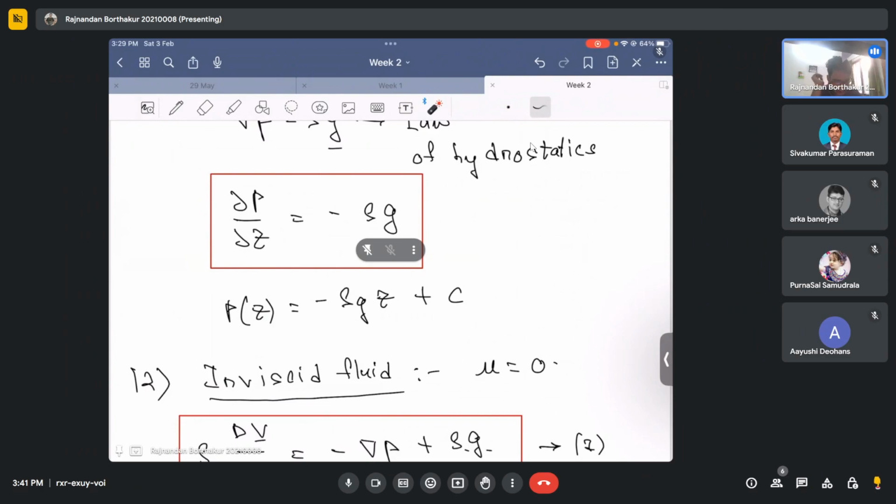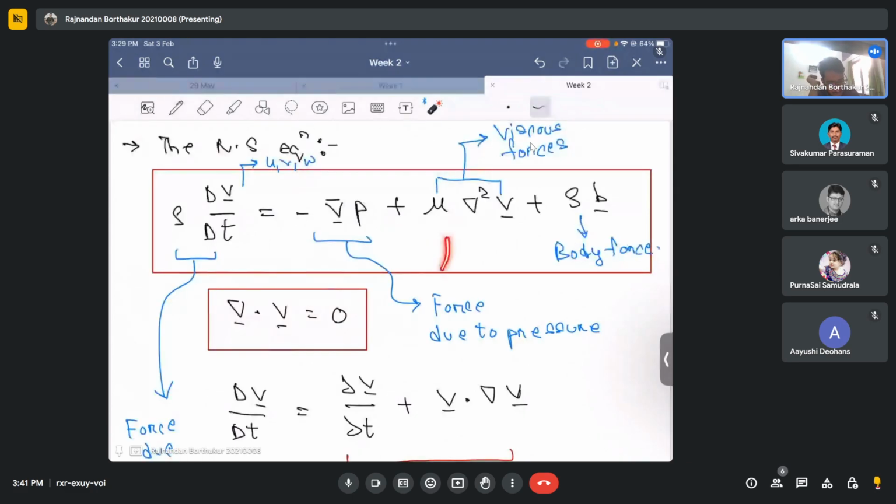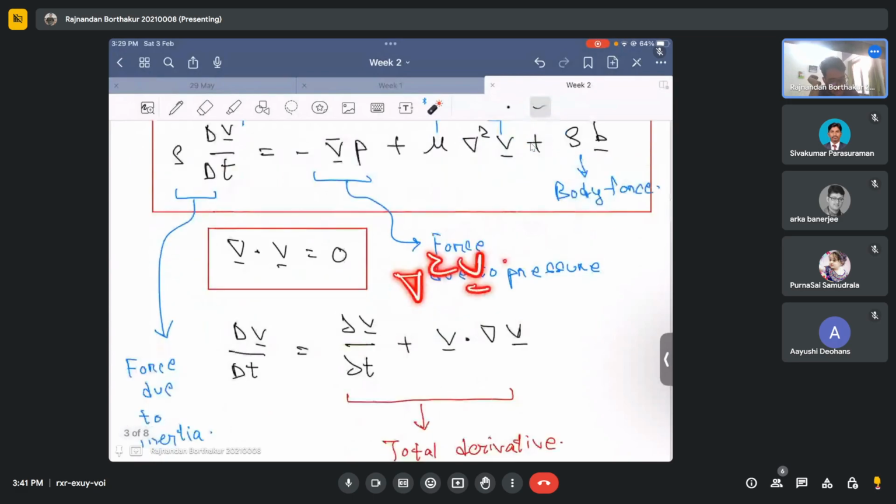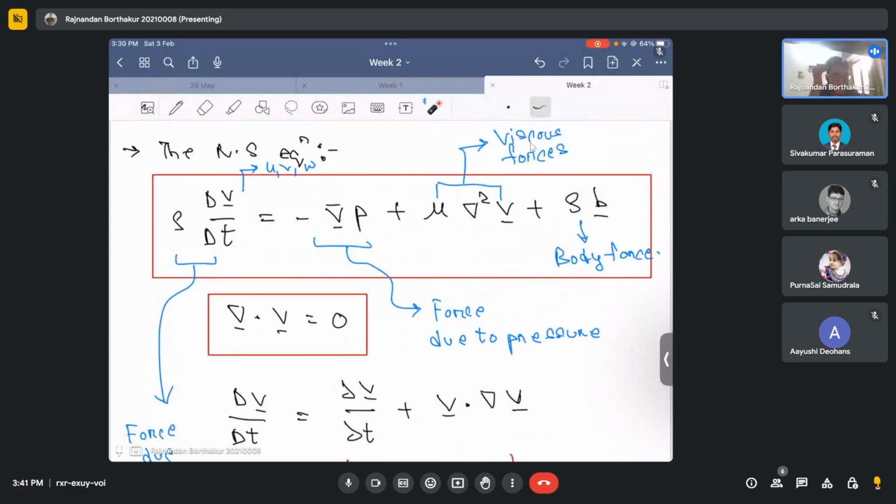Okay, that's a good question. So what Purna Sai is asking, if I'm not wrong, is whether there is a case when mu is not equal to 0, however del square v is 0. Does that also apply? Yes, I got it.